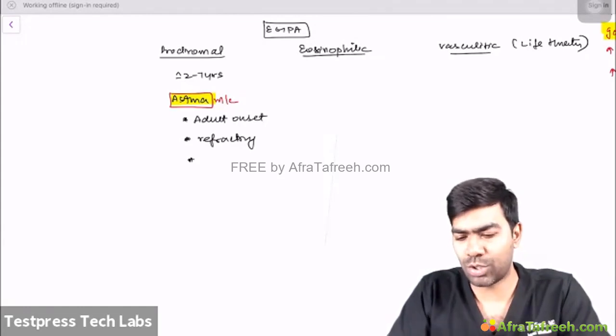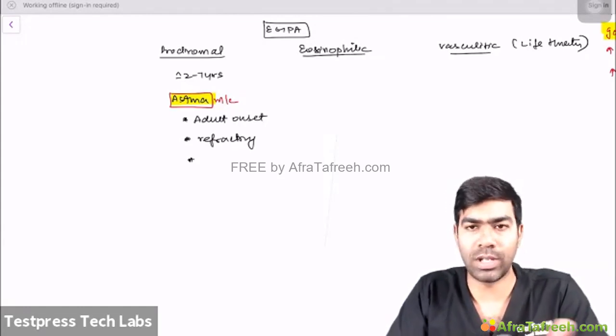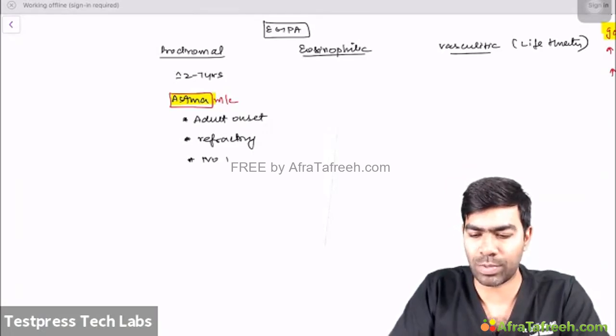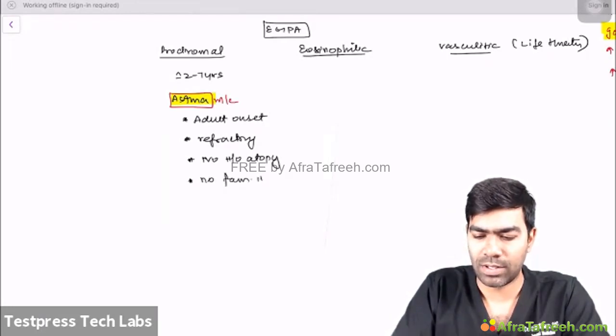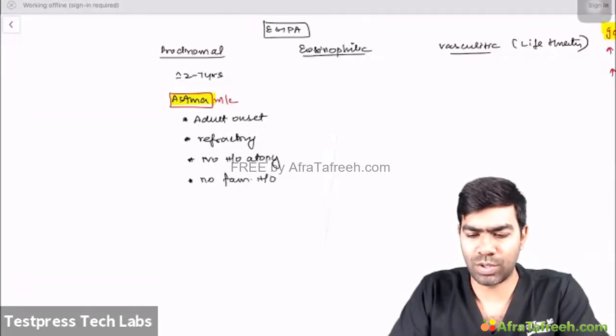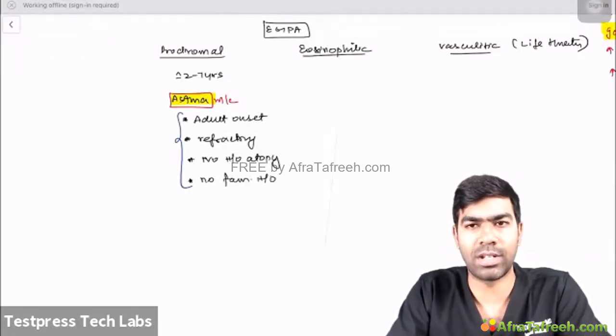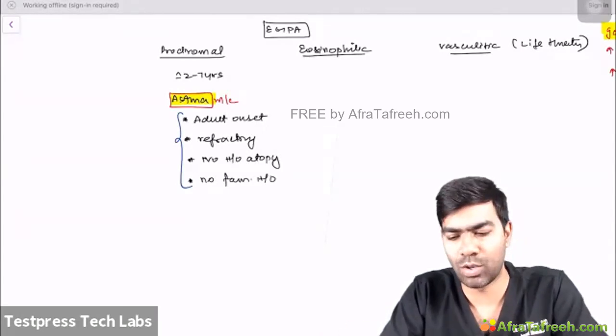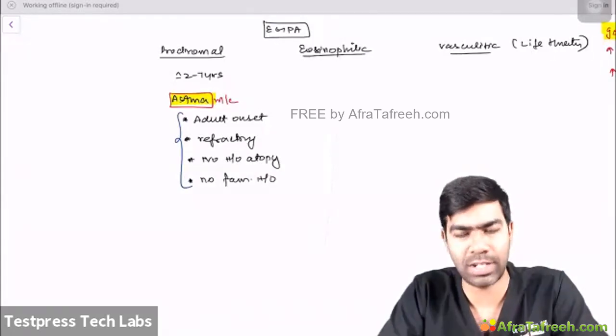And the third thing is that the usual childhood asthma has a history of atopy. Here the patient will not have any history of background atopy, and will not have any family history as well. So these sort of asthmas should give you a suspicion that this could be something else. It's not a routine asthma. So adult onset is the most important point. Refractory, no history of background atopy, and no family history.